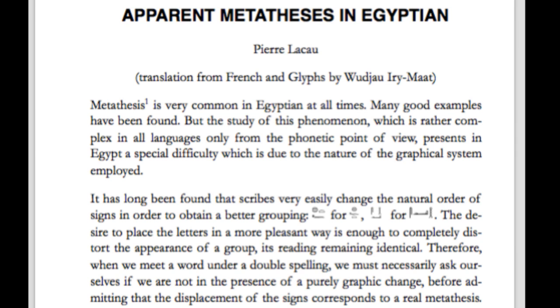Because that can be confusing, we no longer refer to it as metathesis at all. We refer to it as graphic transposition. Okay, so I want that to be clear. So whenever you see the author say metathesis, he's talking about graphic transposition, but he calls it apparent metathesis, what you see, not what you hear. Apparent, appear, the appearance of this swap.